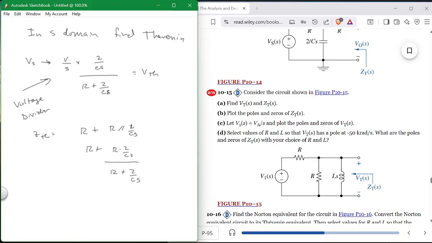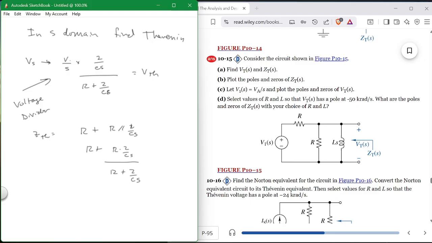Okay, so in 15, they're going to ask you to find the value of the circuit. So here you have a choice. It says find Z Thevenin, and they want you to practice using Thevenin. So how would you do this one right here?